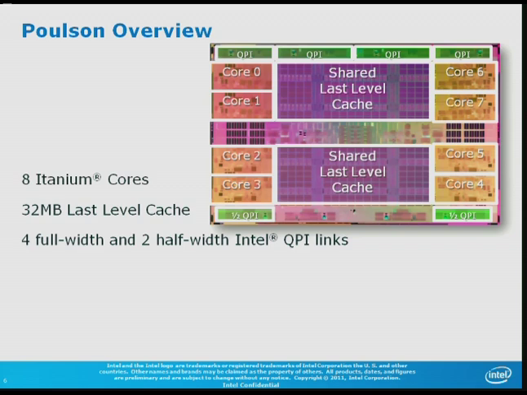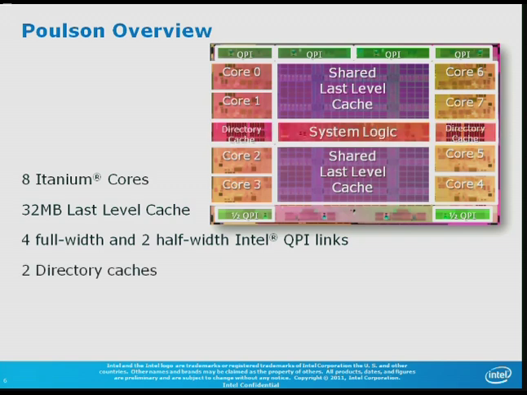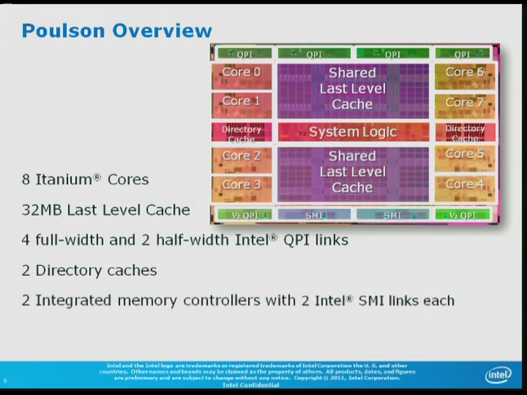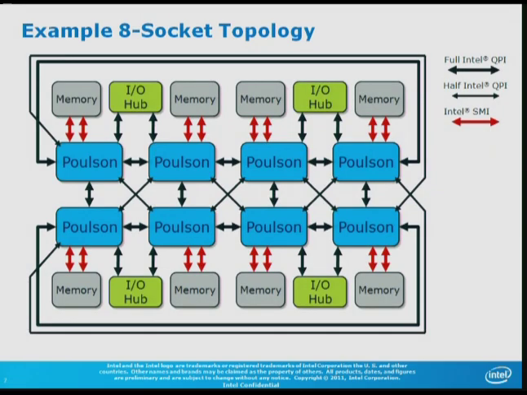Here are our full 4-width and 2 half-width QPI links arranged on the top and bottom. In the middle is our directory cache and our system logic, mainly composed of our router and our 2 integrated memory controllers and our SMI links complete the design.